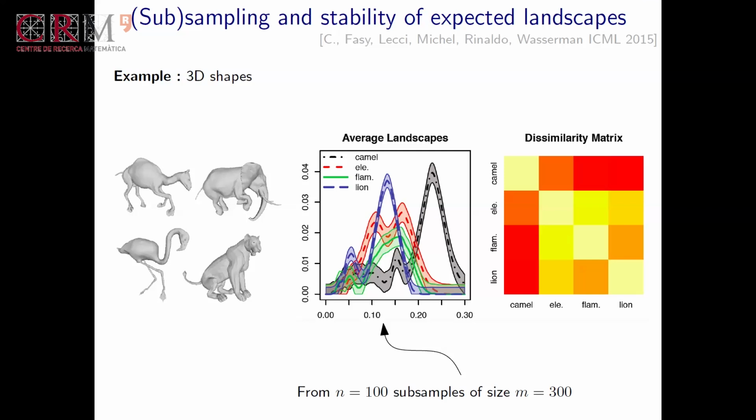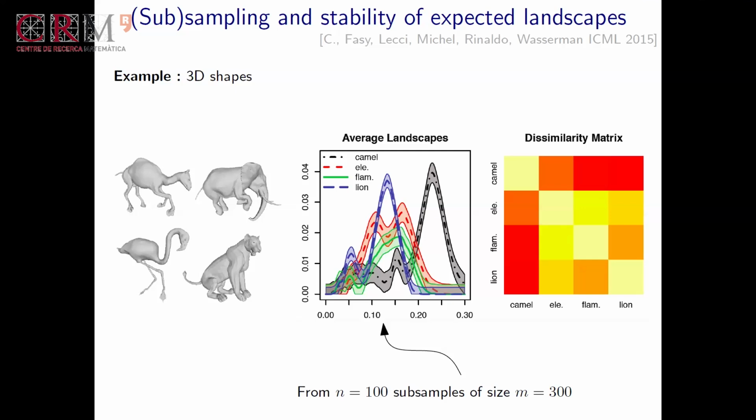Here we average 100 landscapes from samples of size 300. The small intervals are confidence intervals that you can compute around the average. Because of some things I mentioned before, we can estimate this average landscape, but also with confidence intervals. As you can see, these animals have quite different expected landscapes.